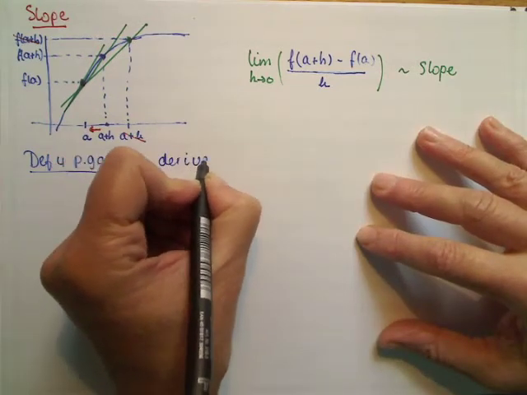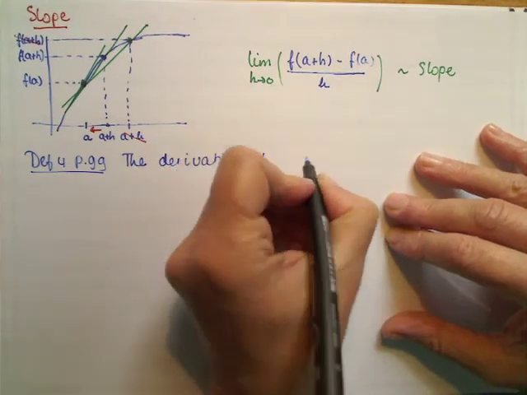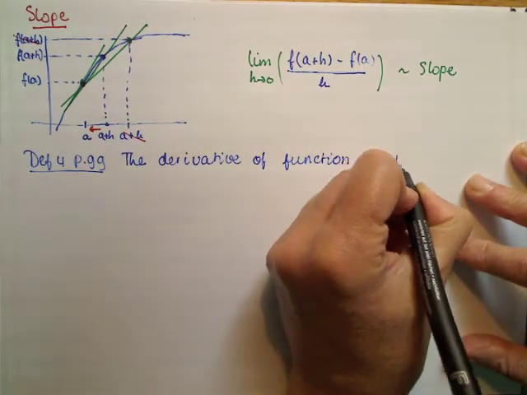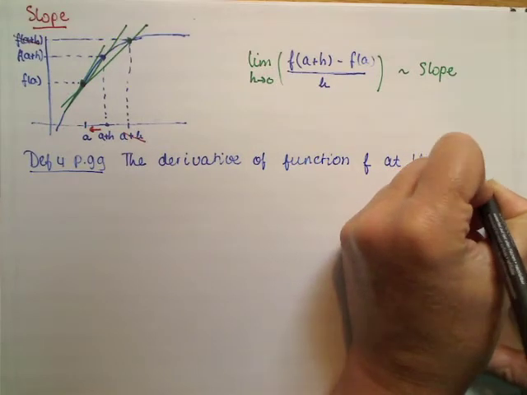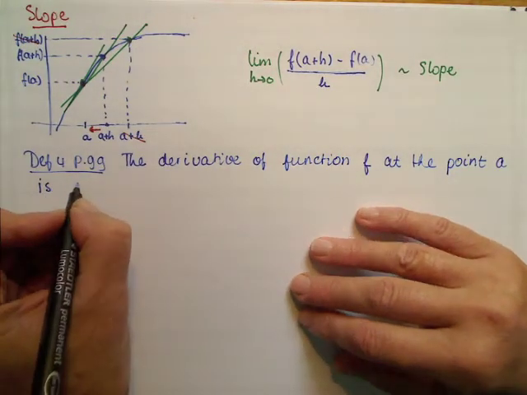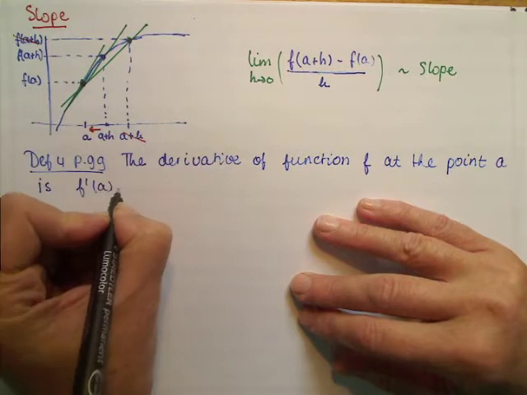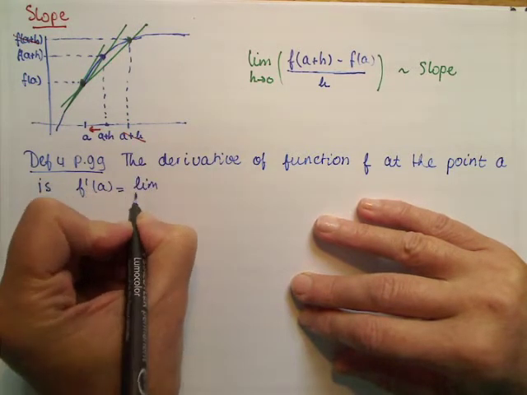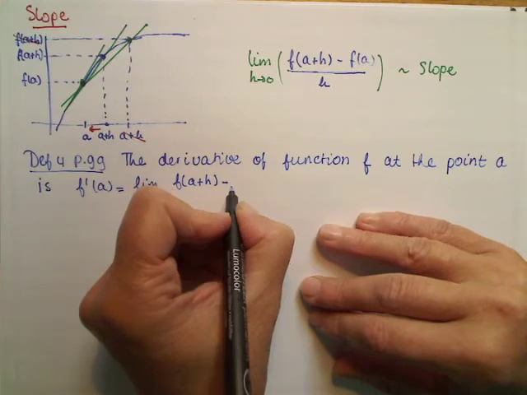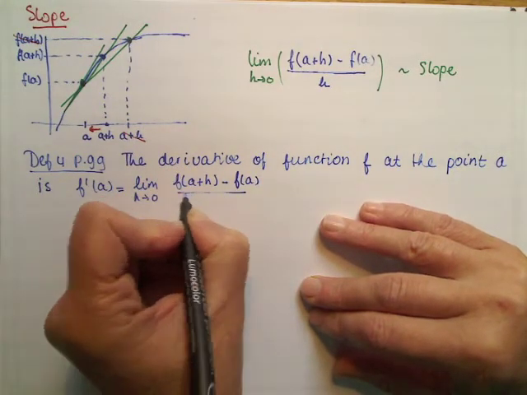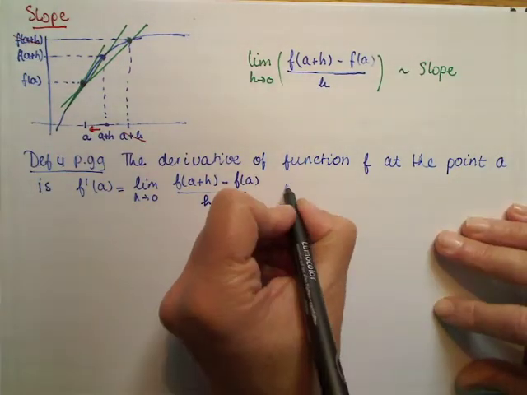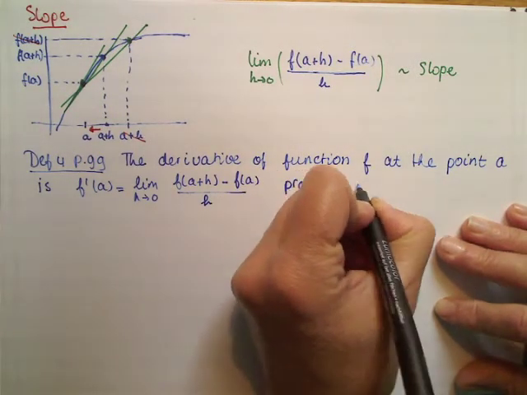So the derivative of function f at the point a, because now the slope clearly depends on a, as you can see, we call it f prime of a, is defined as the limit for h to 0 of the height of the function at point a plus h minus the height at a, and we divide by the difference of a plus h and a, which is h. Provided, of course, the limit exists.